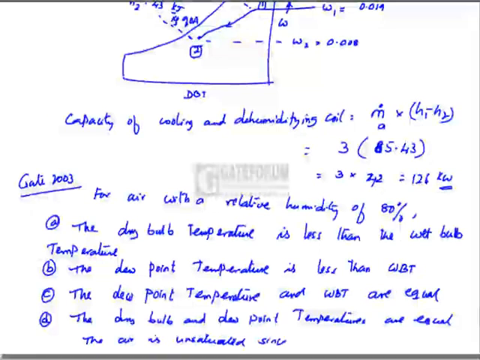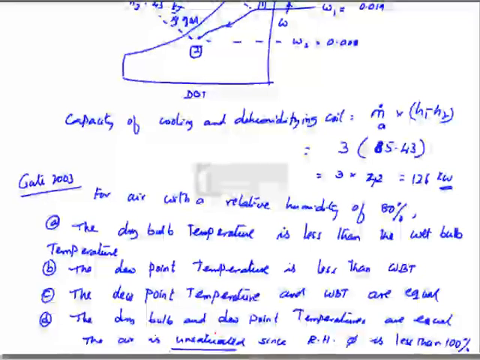Since RH phi is less than 100%, for unsaturated air, dry bulb temperature is more than wet bulb temperature, which is more than dew point temperature. The answer is dew point temperature is less than WBT. B is the answer.